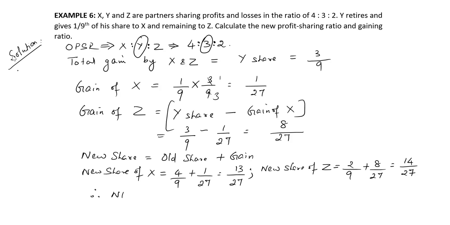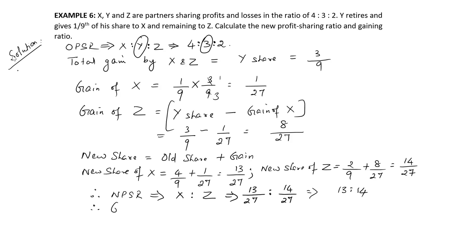Hence, NPSR between X and Z is equal to 13/27 is to 14/27, which is equal to 13:14.